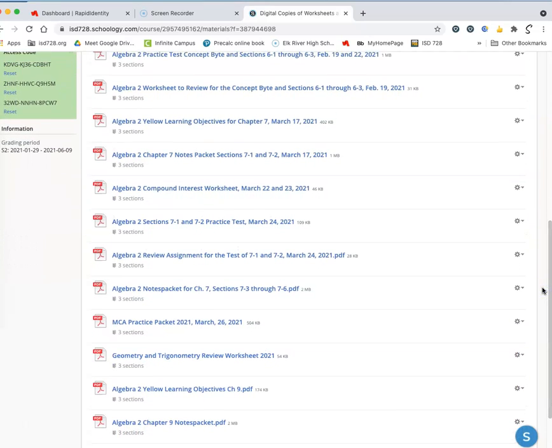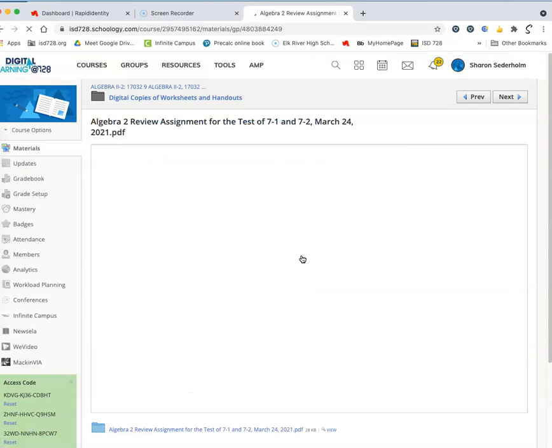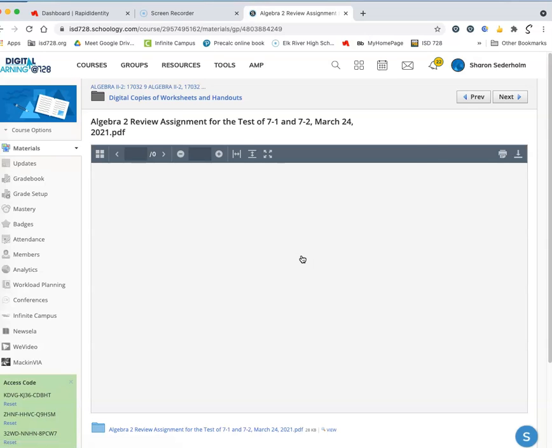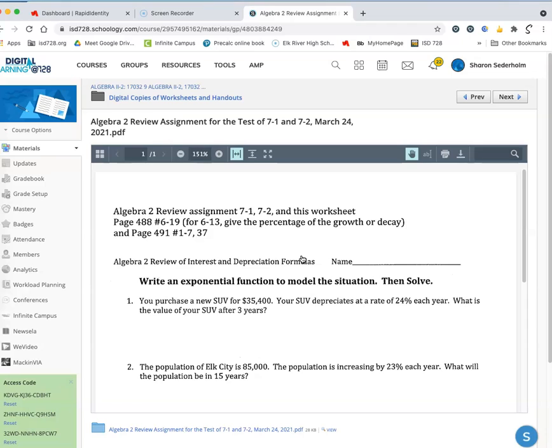So here it is right here, March 24th, right after the practice test. And it has the assignment listed at the top. There it is. So the assignment's listed at the top here. And then obviously we've got our 1 through 6 here that are interest formulas to get you ready for the test tomorrow. So we should be set.